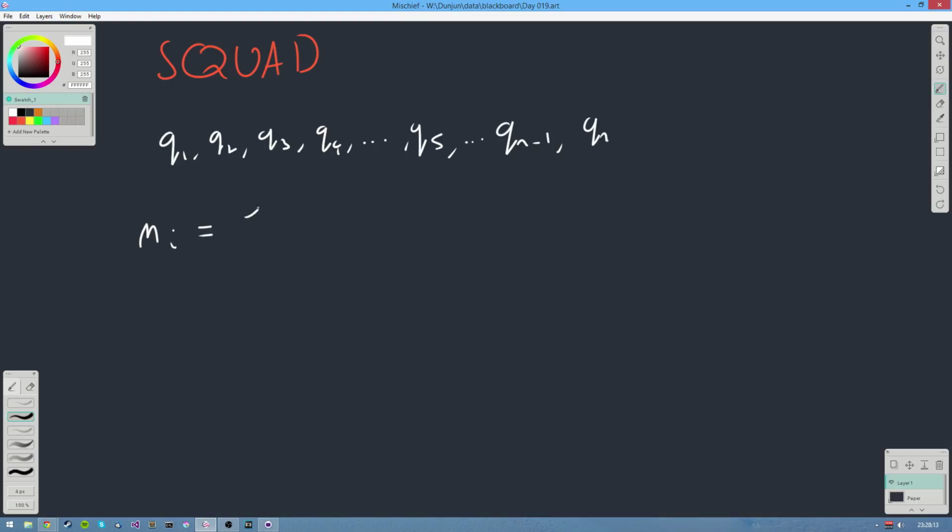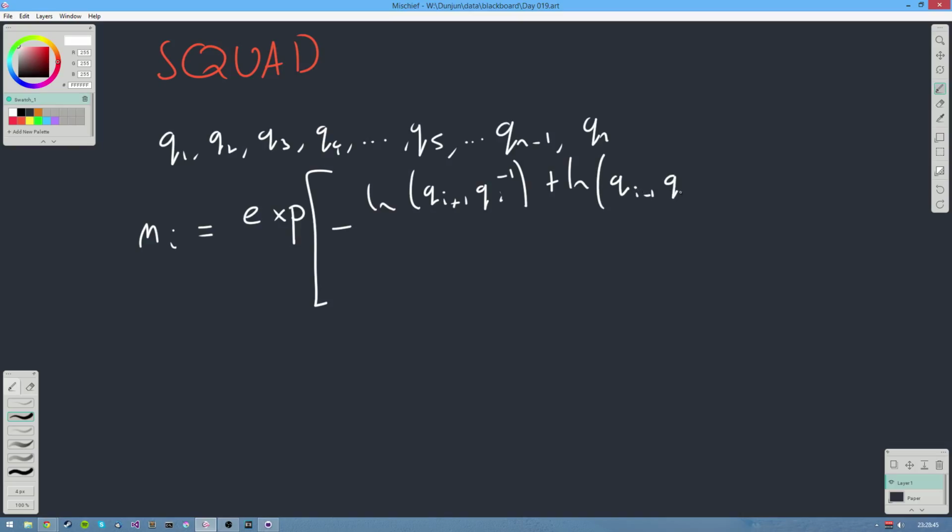And this is, I'm going to say, big exponential function, exp, and this is equal to the negative of the logarithm of qi plus 1 times qi to the negative 1, times qi inverse, plus the log of qi minus 1 times qi inverse, all over 4, times qi.